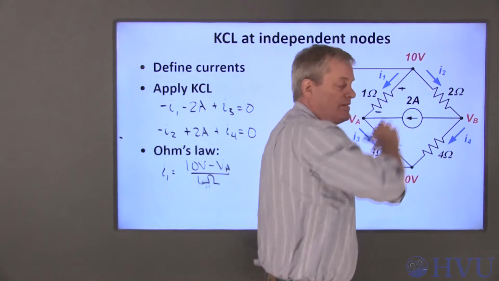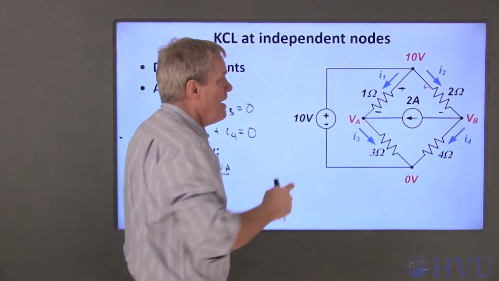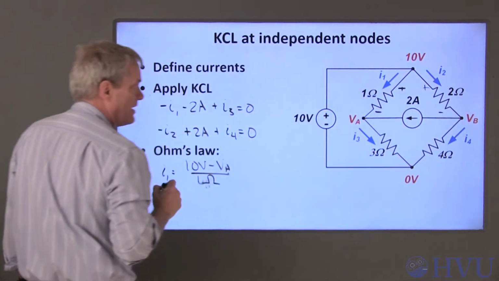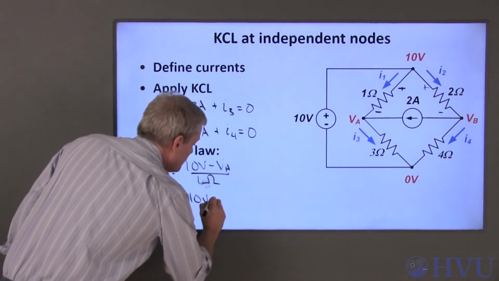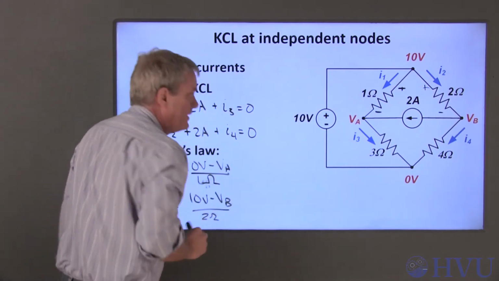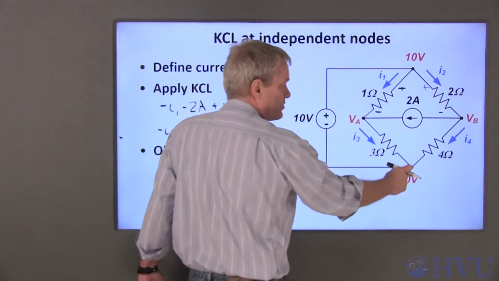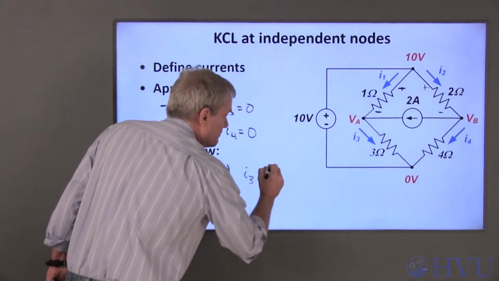I2 is assumed to be in this direction, which means I have to assume that this is my voltage polarity. I subtract the negative voltage from the positive voltage and divide that by the resistance. So I2 is equal to 10 volts minus VB over 2 ohms. I3 is assumed that direction. That means I have to subtract 0 volts from VA to get the voltage difference.